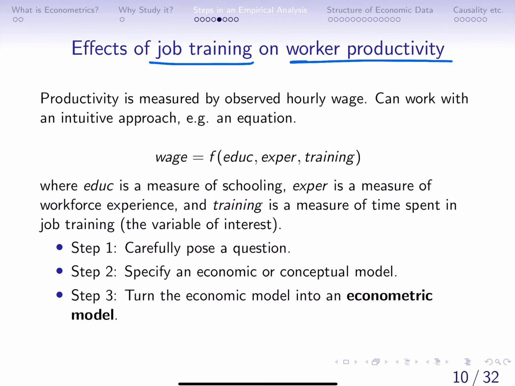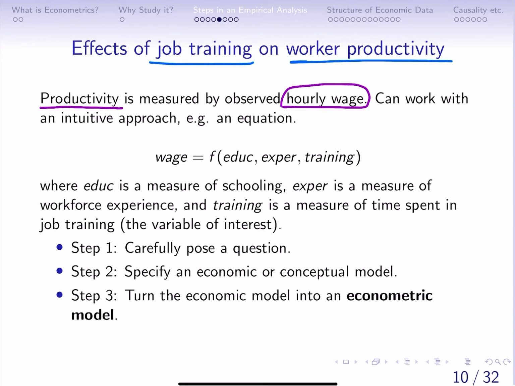So one idea here is that when we think about productivity, it's hard to measure. One way economists try to measure this is through observing, let's say, hourly wages. If we really believe that if you're more productive, you end up earning more, then somehow your wages will reflect what your productivity is.